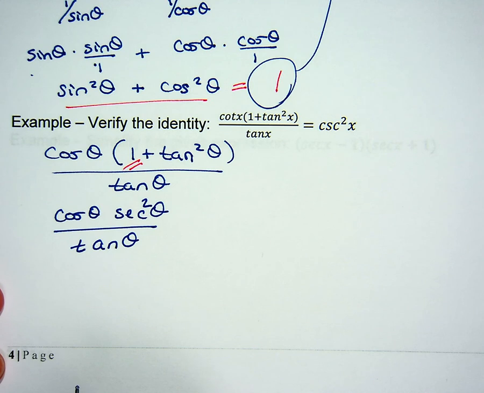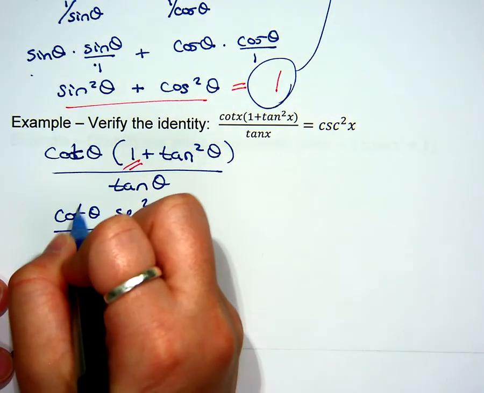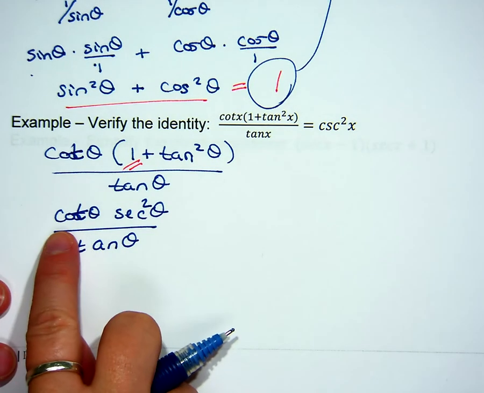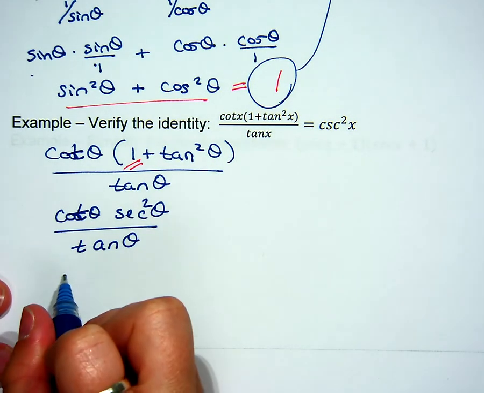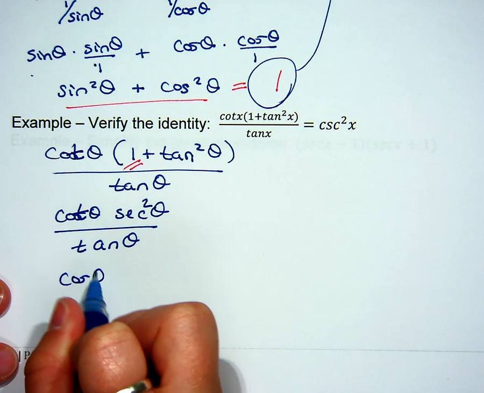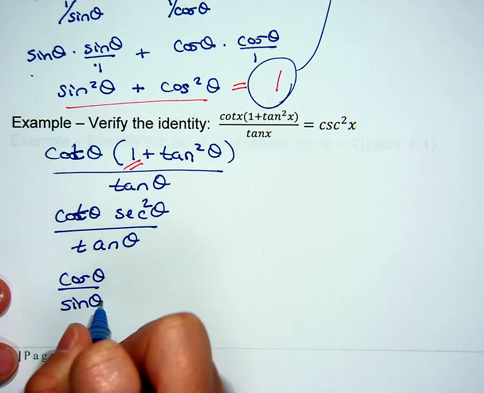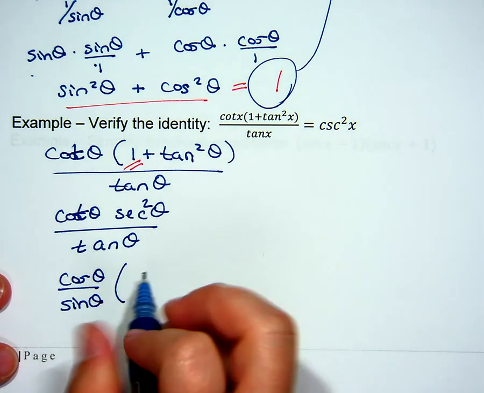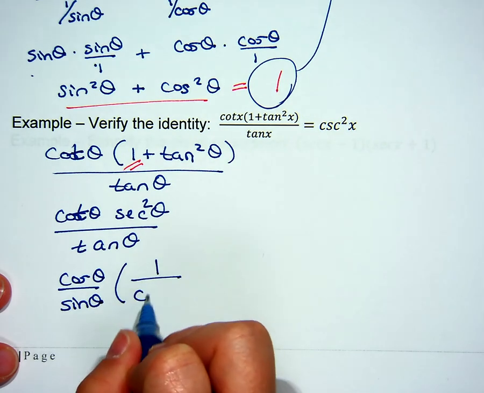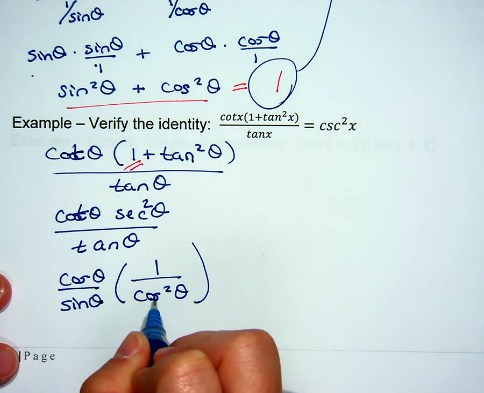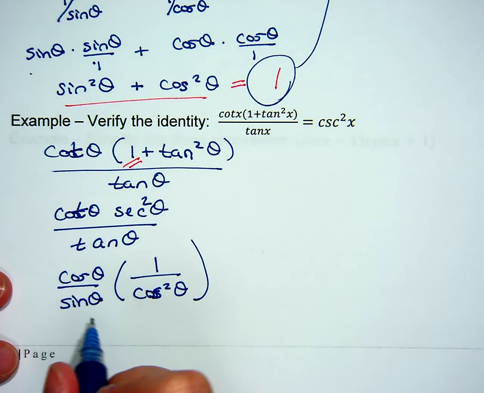Okay. Well, let's see. Now, I wrote it down wrong, didn't I? That's cotangent. Okay. Cotangent can be broken. Cotangent is cosine over sine. Secant is 1 over cosine, but it's secant squared, so I'm talking about 1 over cosine squared.